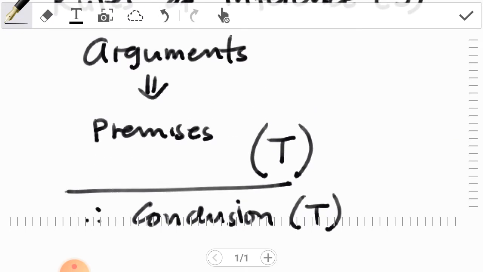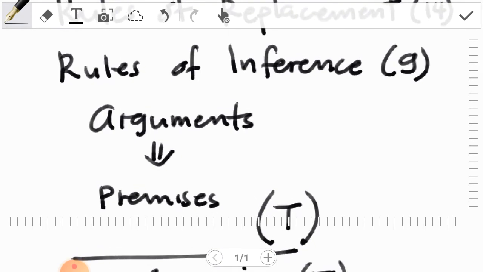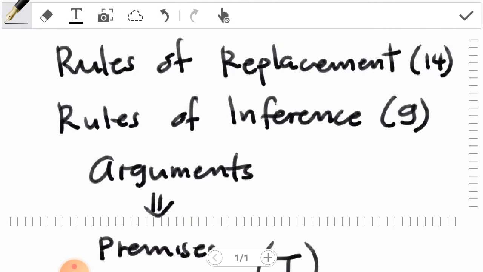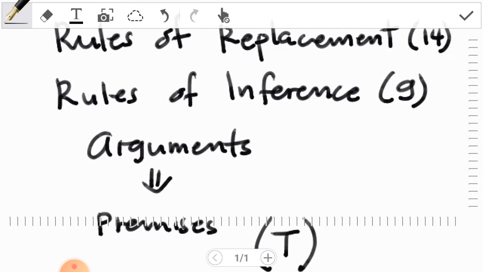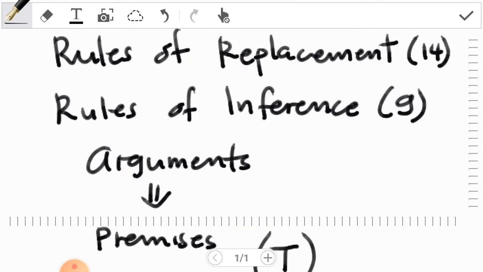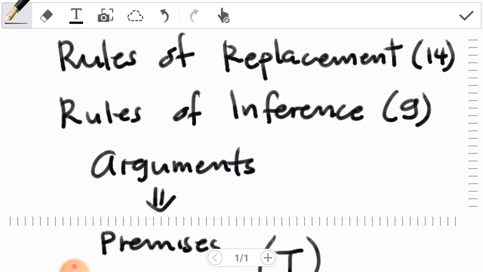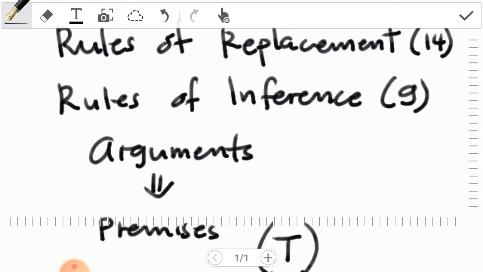So if you are wondering what's the main difference between when to use the rules of replacement and when to use the rules of inference: going back to your notes, when we were using the rules of replacement in the first section, we considered logically equivalent propositions.